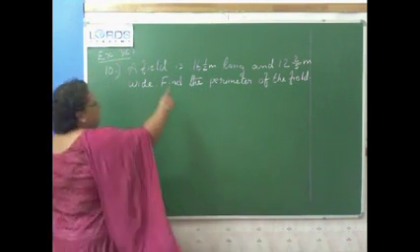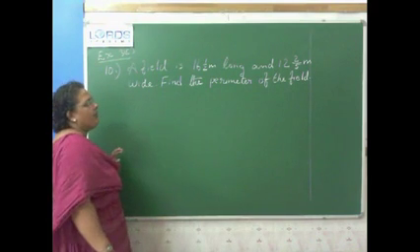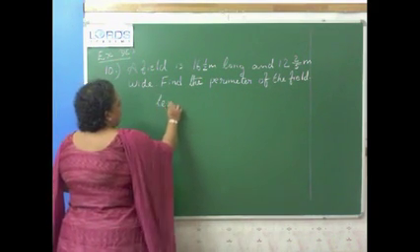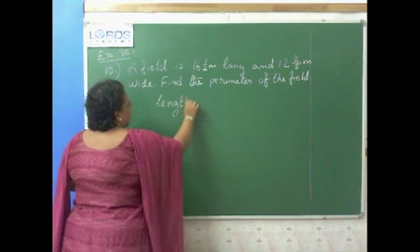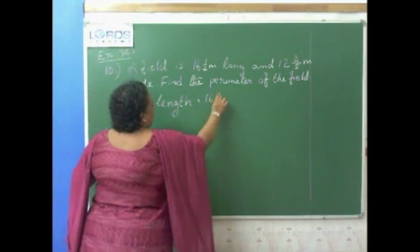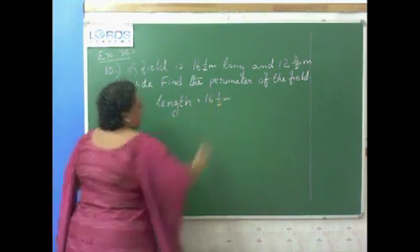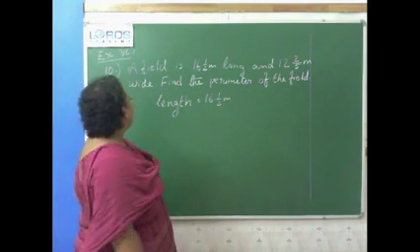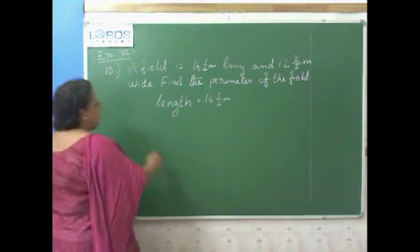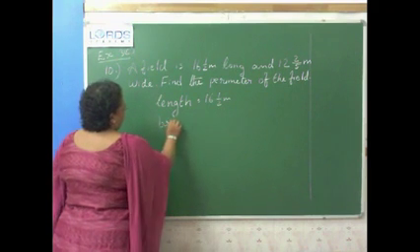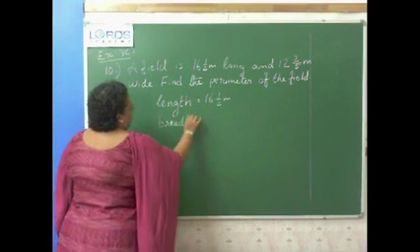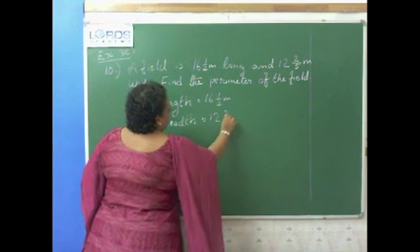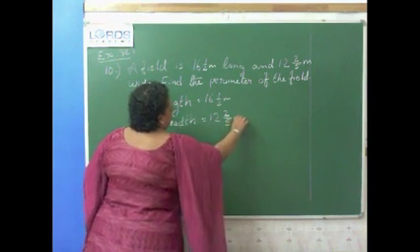So here the field is 16 1/2 meters long. That means length is given as 16 1/2 meters, and then 12 2/5 meters wide. That means it is the breadth. Breadth is equal to 12 2/5 meters.